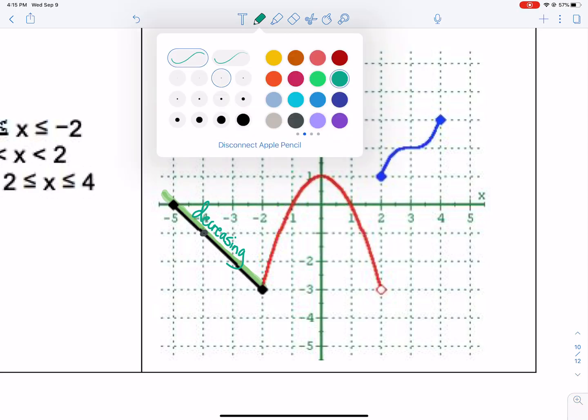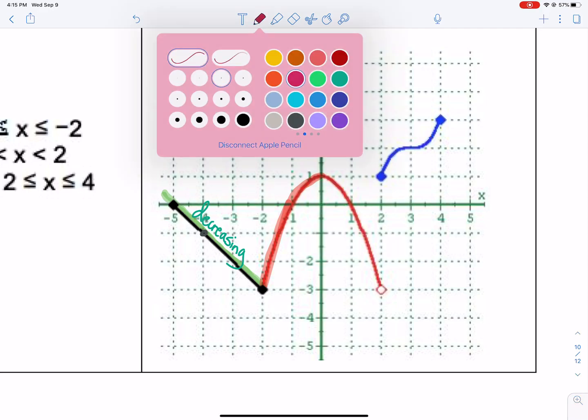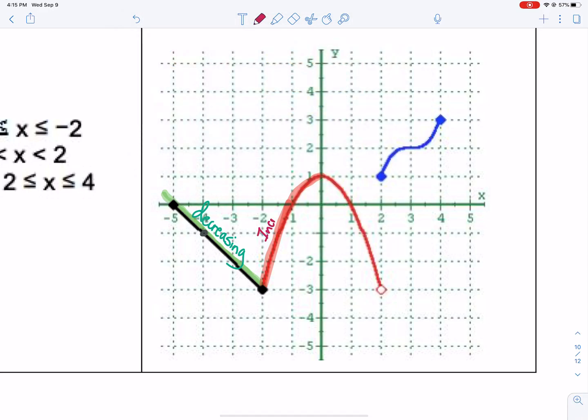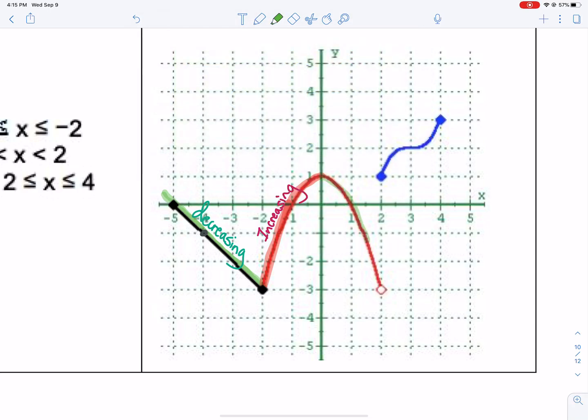And then my graph takes a turn and starts to increase. From that point up to the top of that little parabola, it is increasing in that interval. But then it turns around and starts to decrease again.